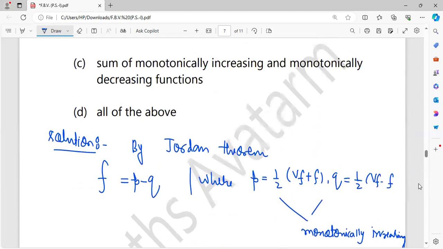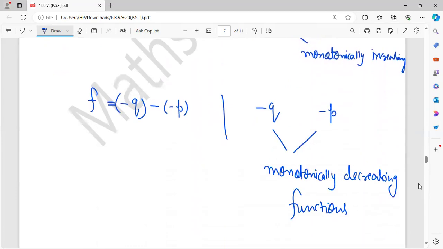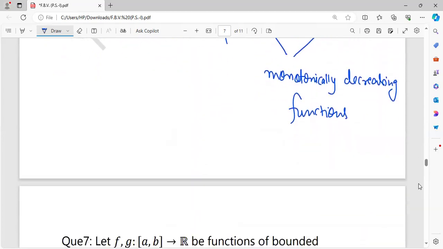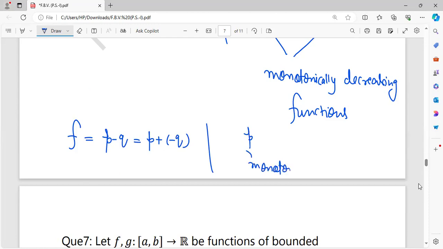Now third one is sum. It is saying sum. So f can also be written as f is equal to p minus q. I can write p plus minus q. So p is monotonically increasing, and minus q is monotonically decreasing.